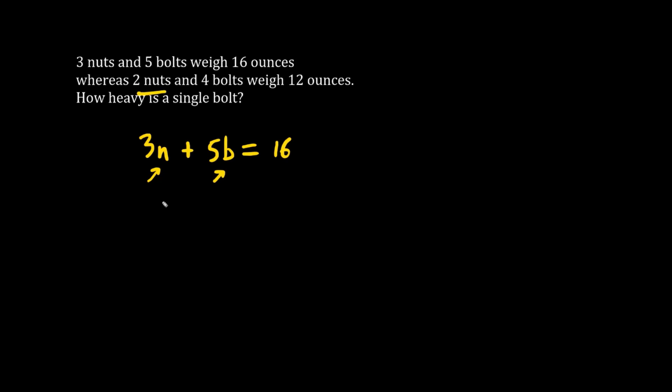Whereas 2 nuts, 2n, plus 4 bolts equals 12. This here is equation number 1, and this here is equation number 2. Let's use elimination to solve for n and b, the weight of a nut as well as a bolt, which is what we're trying to solve.